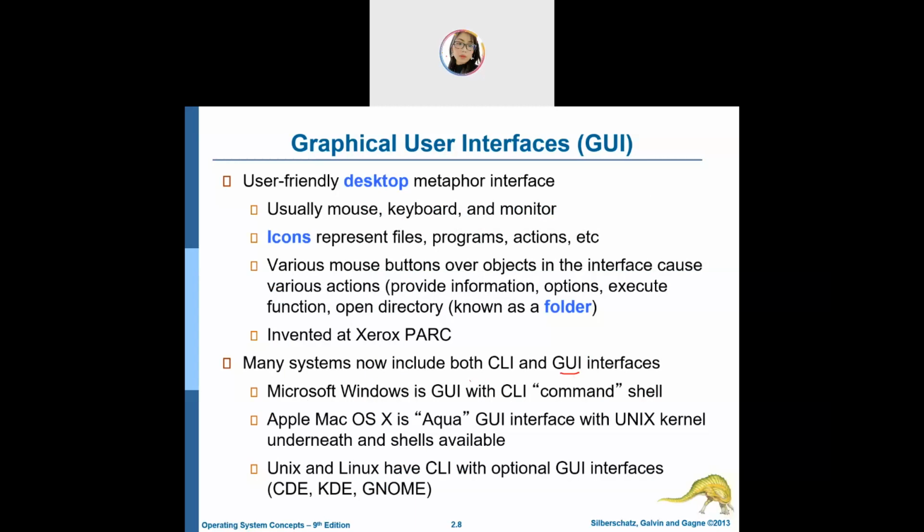Microsoft Windows is GUI with also CLI, which is under your command shell. For Mac OS, you are referring to a core, which is the GUI interface with the Unix kernel underneath and the shells available.